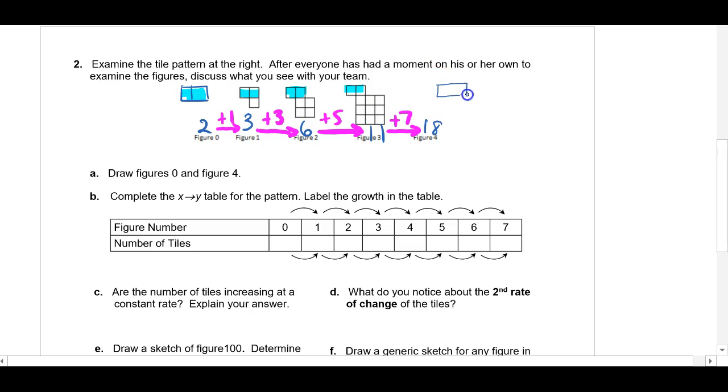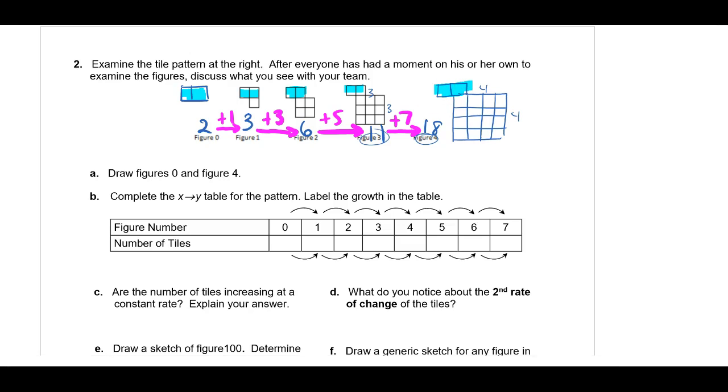I know that this has 2 at the top again, and this is figure 4, so this will be a 4 by 4. I know that because here there's 3 by 3 since it's figure 3, and then this is figure 4, so it's a 4 by 4 square. And there are those 2 squares on top again.